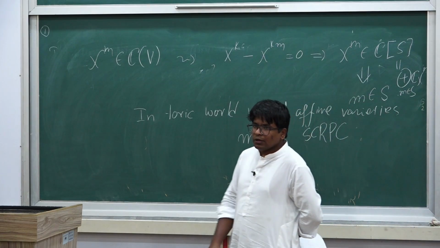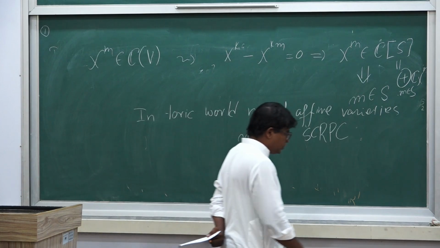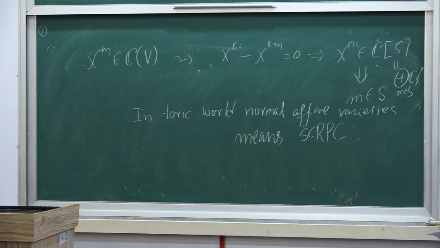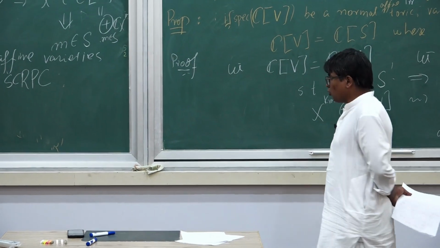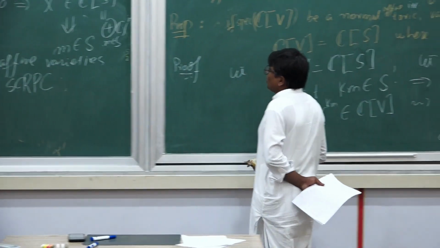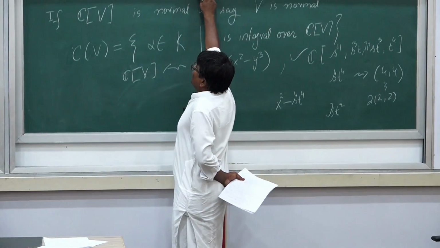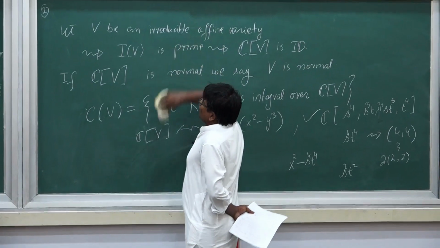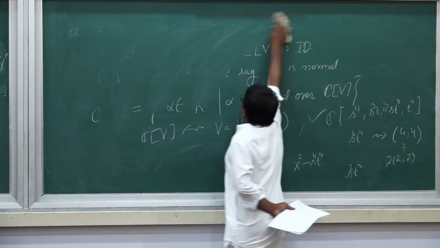Okay. So if you want to talk about normal varieties, you need to restrict yourself to these strongly convex rational polyhedral cones.